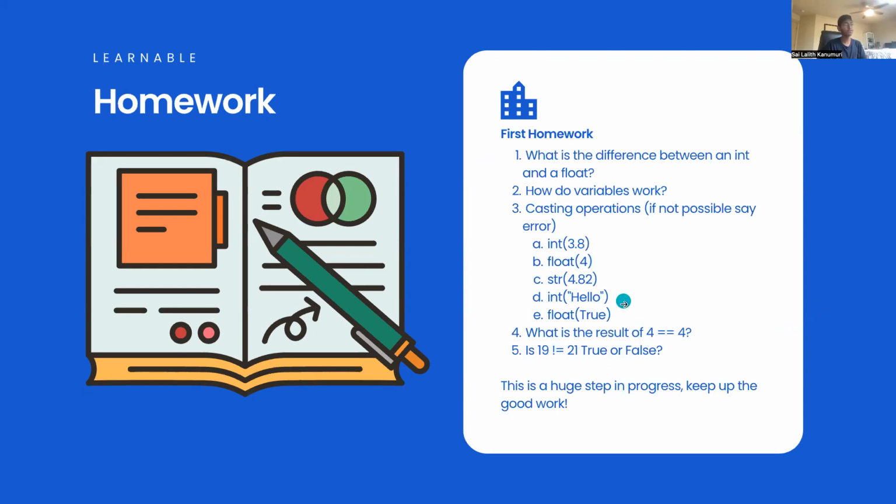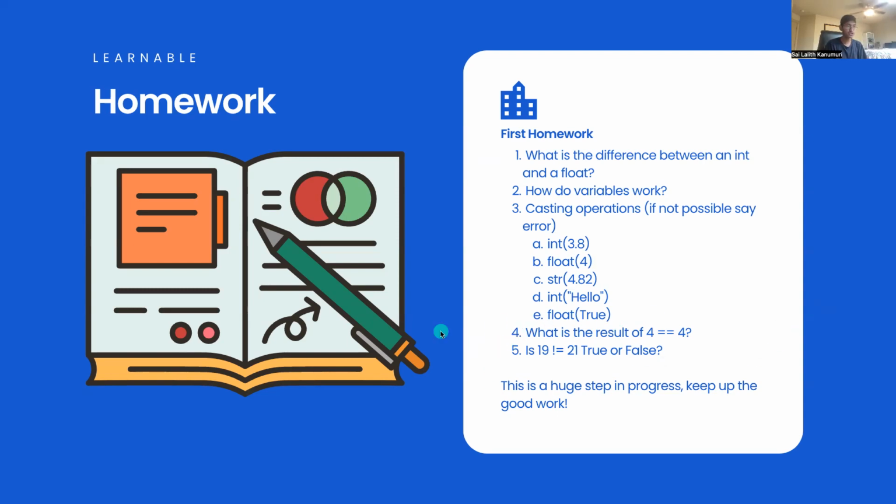What is the result of 4 equal to 4? So this is basically saying, is 4 equal to 4, right? Remember the double equal sign, always replace it with equal. So the one equal sign means you're assigning. Double equal sign is comparison. Remember that. So is 4 equal to 4? That's true.